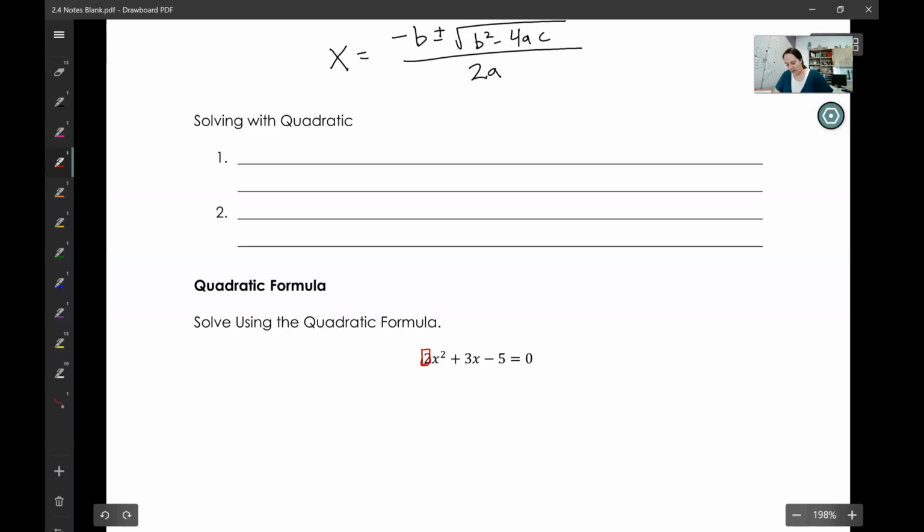Now, a is always going to be your leading coefficient. So, quick reminder of vocabulary: the leading coefficient is the number in front of the letter with the biggest exponent. That's my a. b is always your middle coefficient.